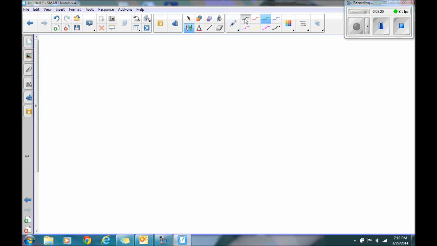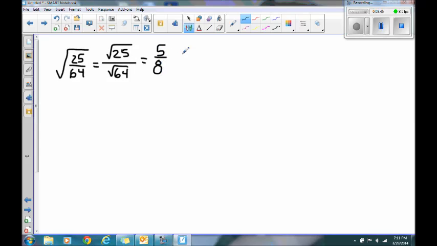Now, some rules that we'll find along the way are that if I have the square root of products or quotients, I can take the square root of each piece. So if I'm asked to find the square root of 25 over 64, I can take the square root of the top and the square root of the bottom separately and call that 5 over 8.